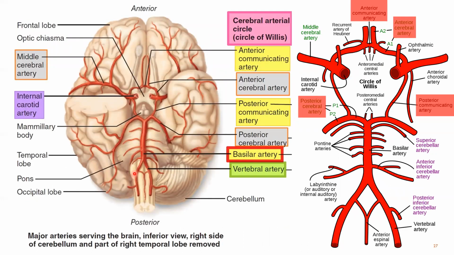Again, let's trace: vertebral plus vertebral, basilar at the pons area. You have your posterior cerebral arteries, internal carotid artery. You have your anterior cerebral artery, and then your posterior communicating artery, and your anterior communicating artery.